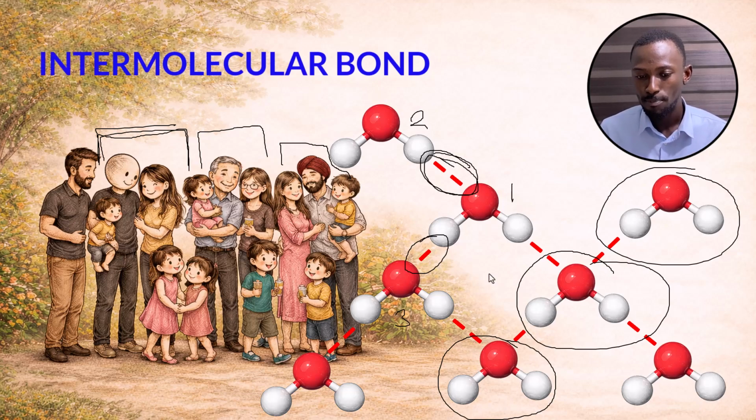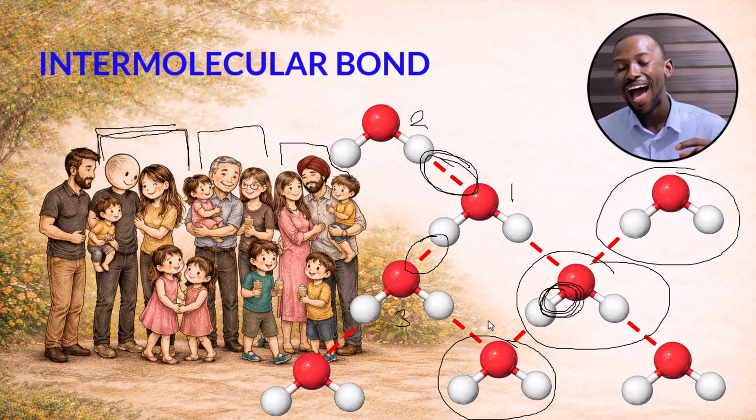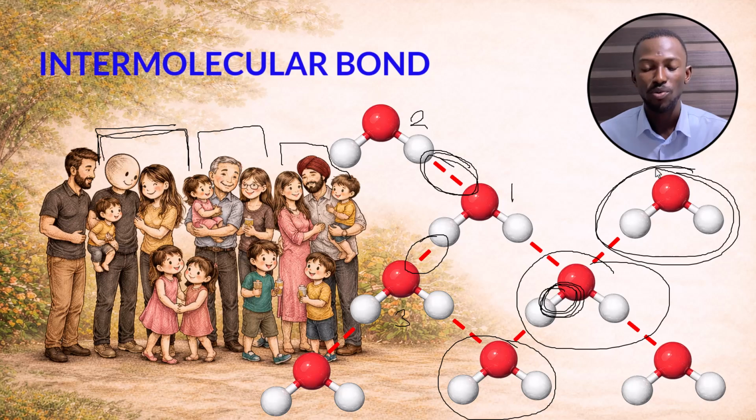Meanwhile, the type of bond that holds the individual atoms together in a molecule is known as what? Interatomic bond. I think you get that right. Good. So as a recap, if this is a molecule, we can compare this to a nuclear family made up of individual atoms.